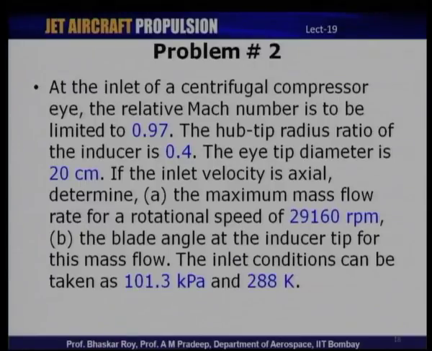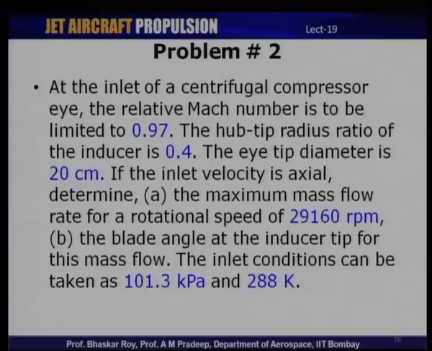If the inlet velocity is axial, determine the maximum mass flow rate for a rotational speed of 29,160 rpm, and part B, the blade angle at the inducer tip for this mass flow. The inlet conditions can be taken as 101.3 kilopascals and the temperature as 288 Kelvin.